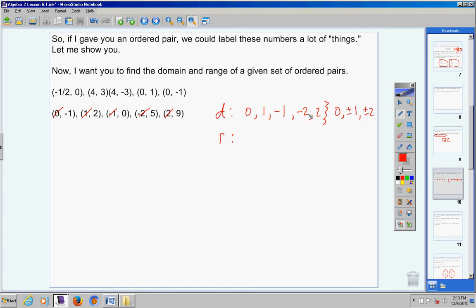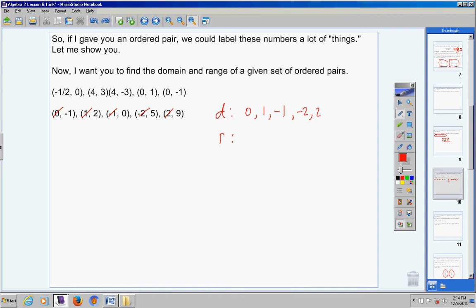That's fine if you want to do it like that. I've also seen a lot of books listed in numerical order. So it'd be -2, then -1, then 0, then 1, then 2. I am totally fine with this, just listing out the x values as they happen going across, okay?